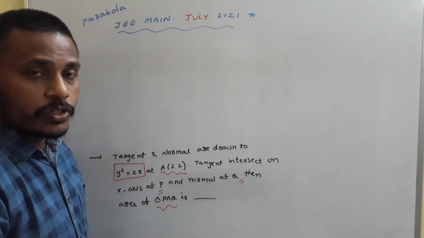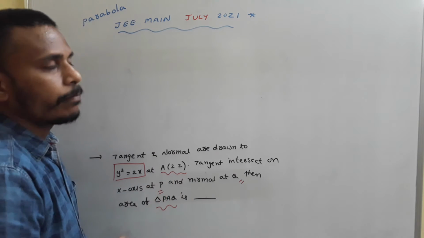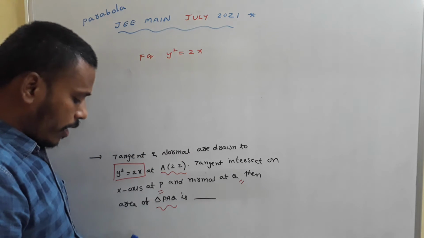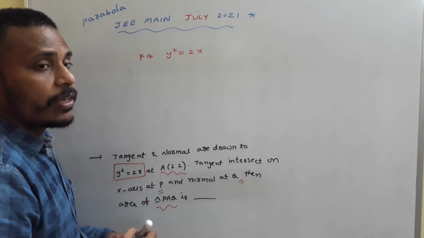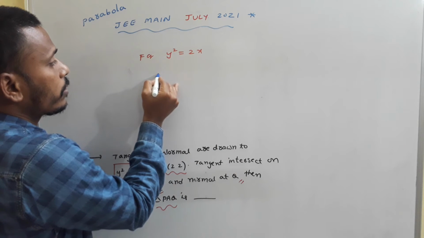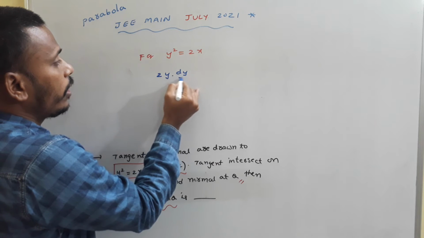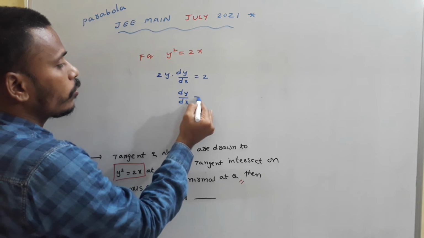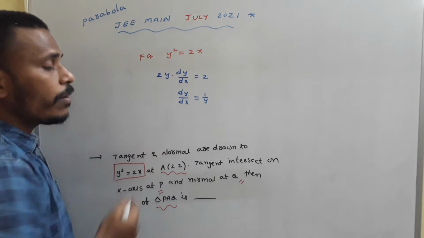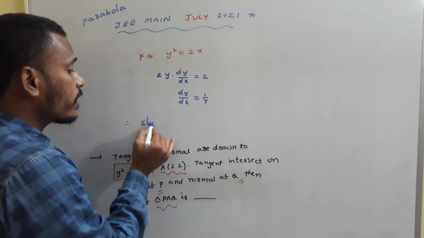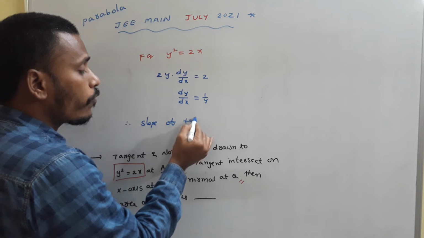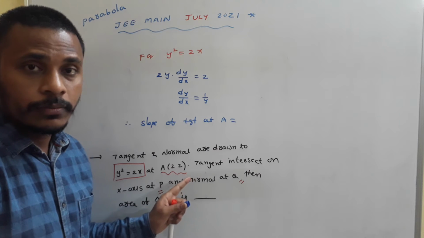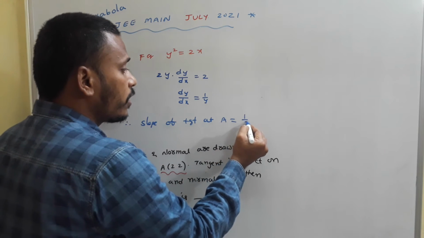We need the tangent equation for y² = 2x, so that we can find P. For y² = 2x at the point (2, 2) as given, if you differentiate, for y² it is 2y dy/dx = 2, and dy/dx = 1/y. Since dy/dx = 1/y, what is the slope of the tangent at the point A, whose coordinates are (2, 2)? The y coordinate is 2, so the slope of the tangent is 1/2.